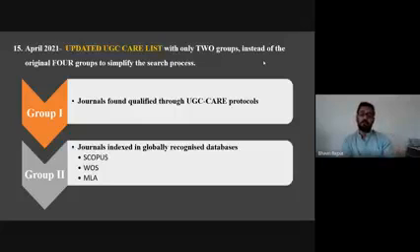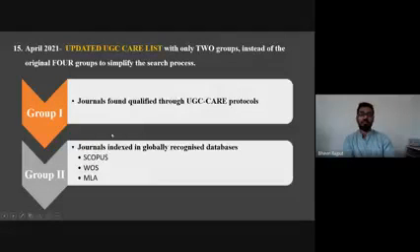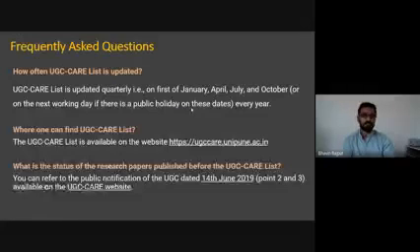And group 2 includes Scopus, Web of Science, and MLA. MLA that we have already seen, this Modern Language Association. This is basically for language. So this tool is not useful for us, but Scopus and Web of Science is very helpful for us. And obviously the UGC CARE, the recommended by the university journals are also important for us.